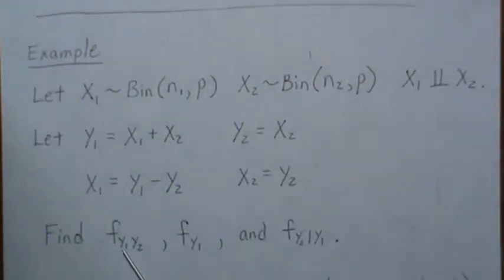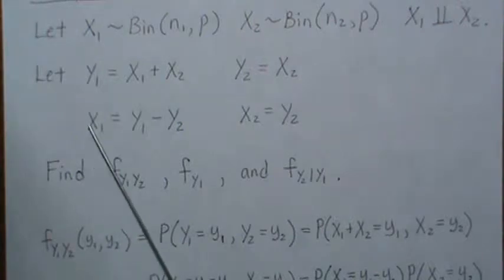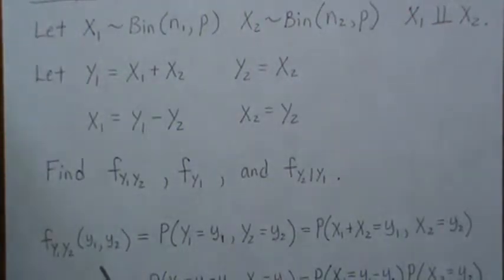Okay. So we want to find the joint distribution of Y1, Y2, the distribution of Y1, and then the conditional distribution of Y2 given Y1. So to find the distribution of Y1 and Y2, that means the probability that Y1 is little y1 and the probability that Y2 is little y2.